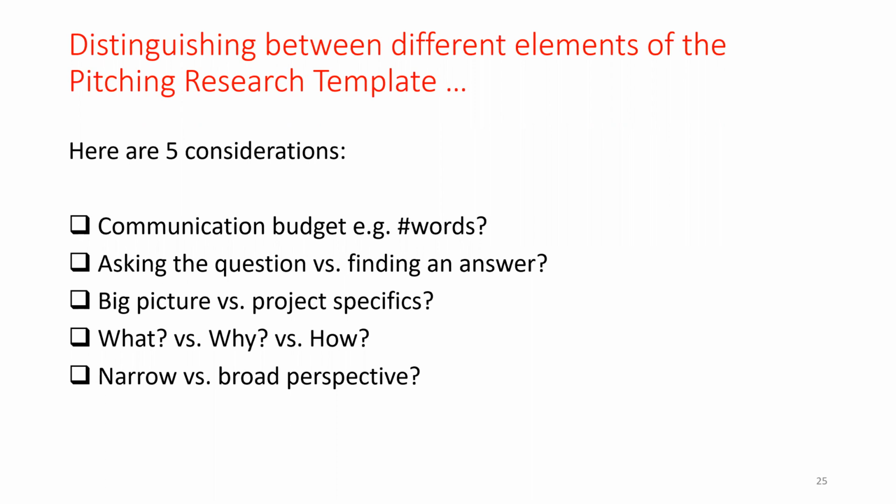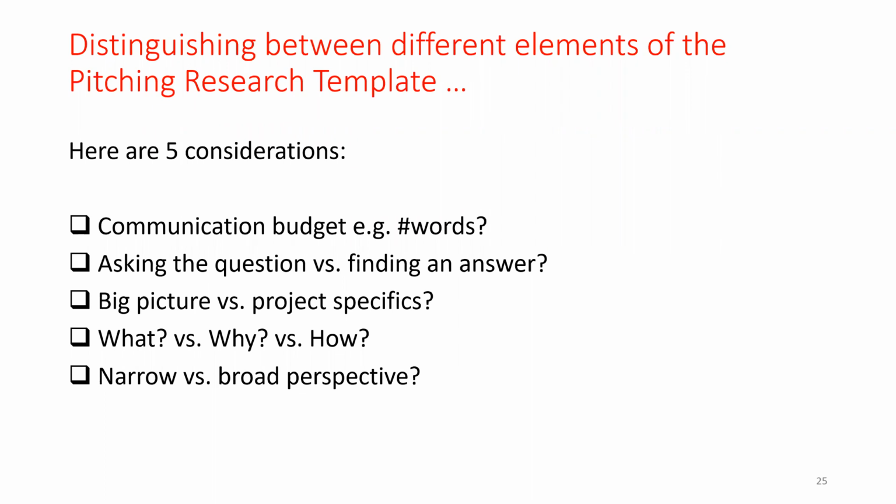The second consideration is asking the question or finding the answer. The third consideration is to think about whether it's to do with the big picture or whether it's to do with project specifics. The fourth consideration will be whether it's an item that is asking a what question. Is it asking a why question?